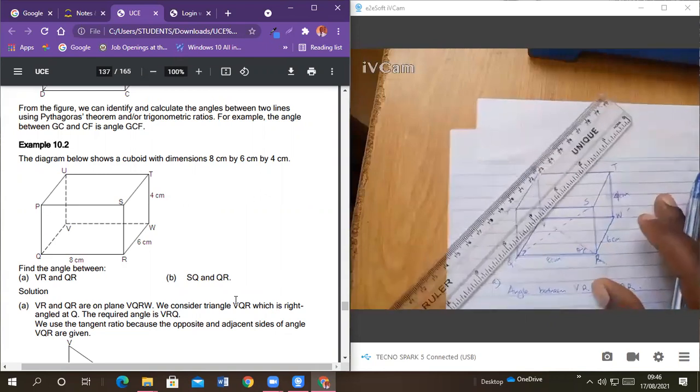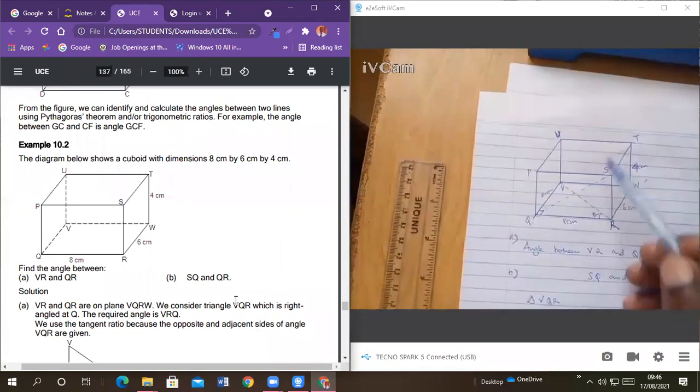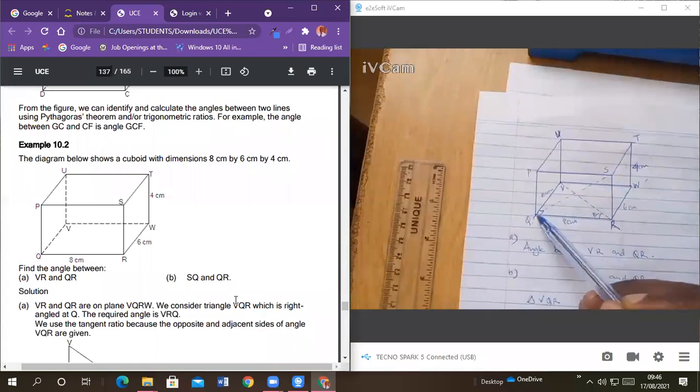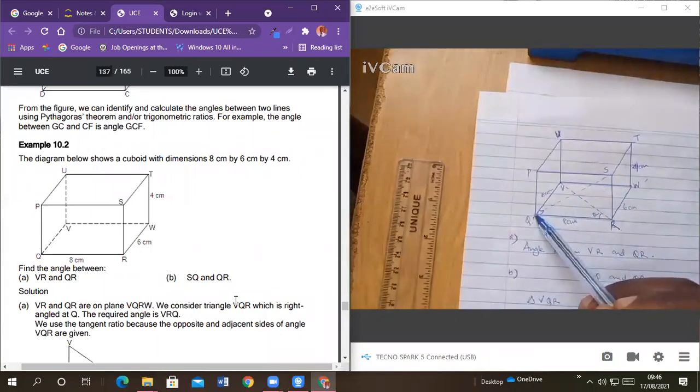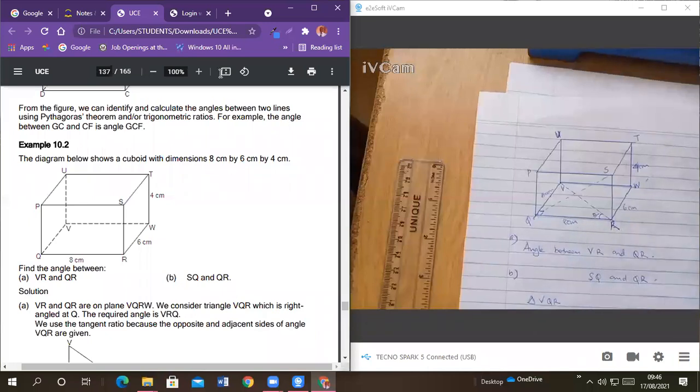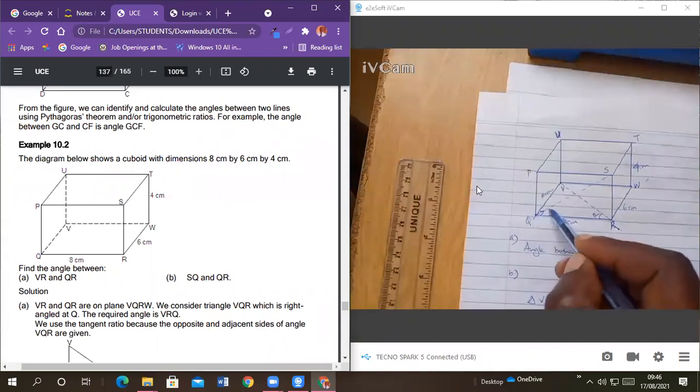I mean SQ. So that is SQ. And then QR. SQ and QR. So the angle is here. It's in between.